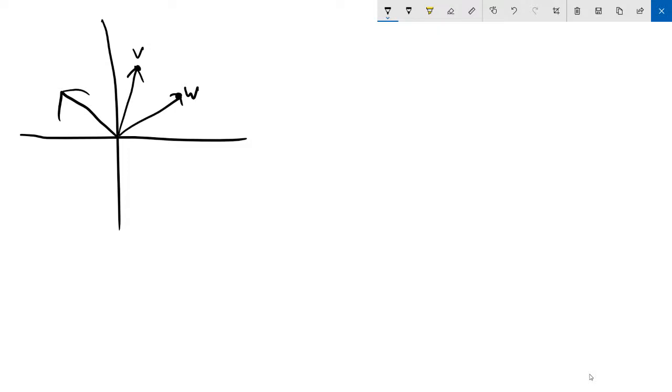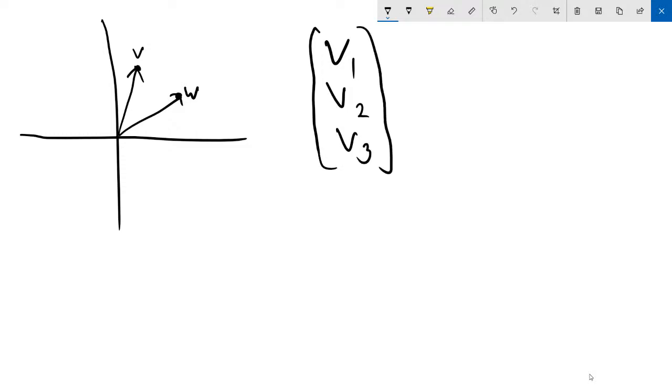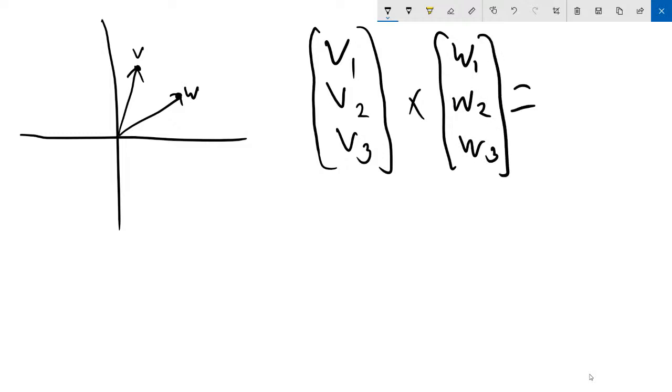So there's a little formula for it. V1, V2, V3, I'm going to denote the elements in here, and we will cross it with W1, W2, W3. The cross product is going to be some combination of these. I'm not going to be bothered writing them all down. It's in the formula booklet how you cross product them.